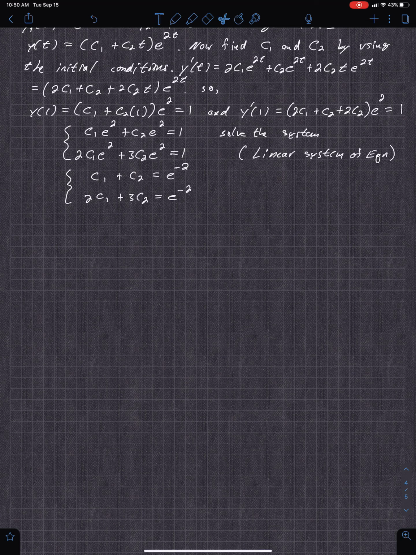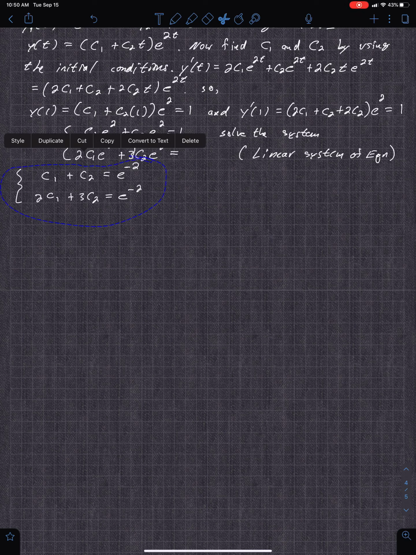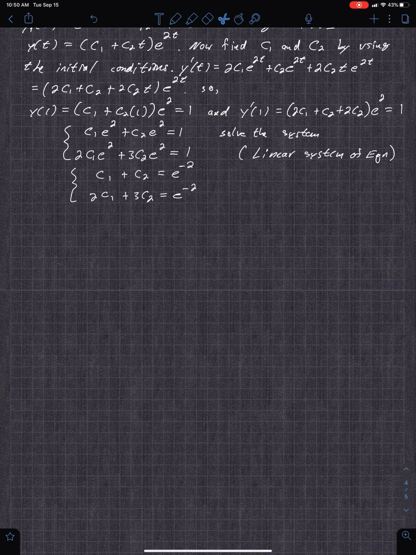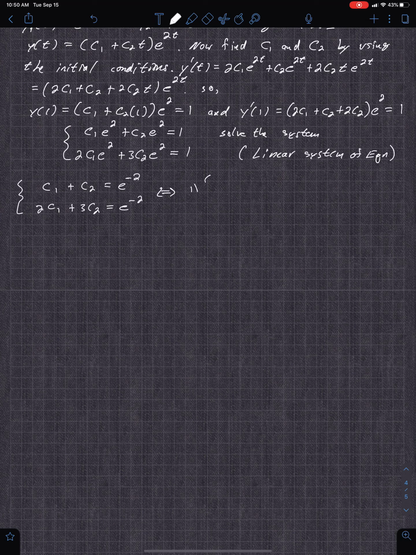All right, let me give myself some more room here. And we'll bring it across like that. I grabbed too much there. Let's try that again. Okay, so we're just going this way. First, we're going to multiply by negative 3 right here and add to get that to cancel. So this is the elimination method.